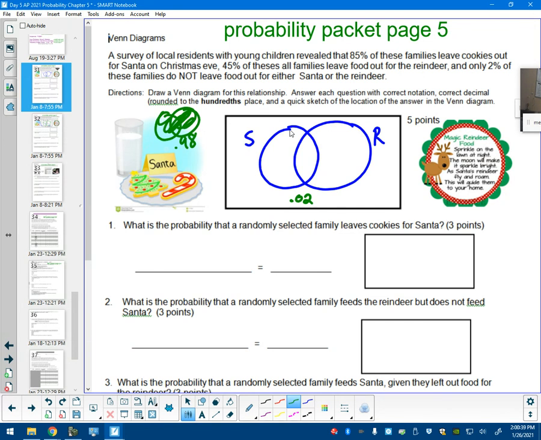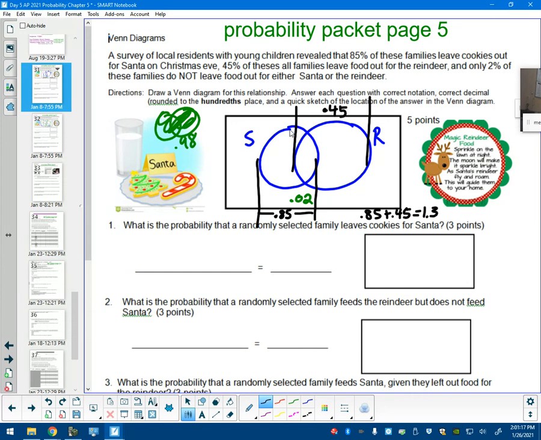But how much is it actually if you add up those separately? The Santa circle is 0.85, right? And the reindeer circle is 0.45. And if you add those together, you get what? 1.3. But you can't have probability above 1.